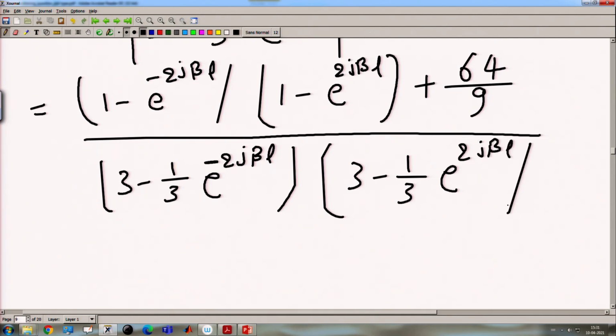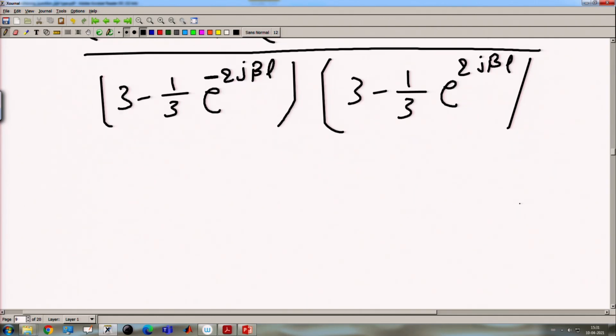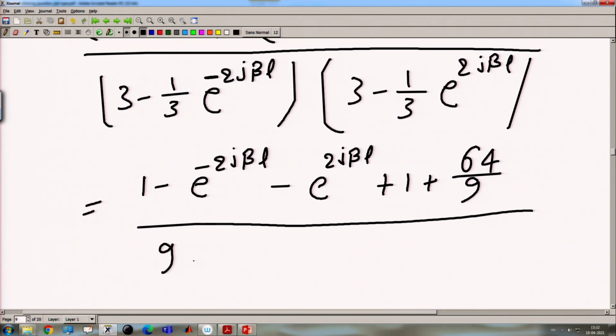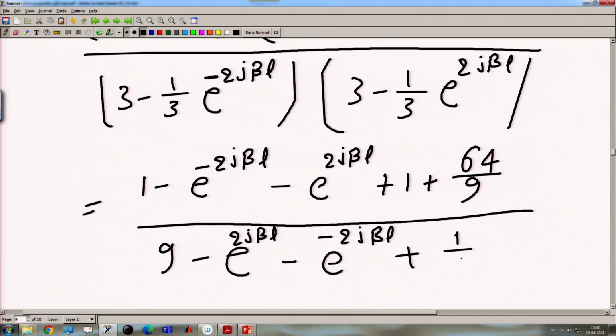After this we have to multiply this, and it will come 1 minus e to the power minus 2 j beta L minus e to the power plus 2 j beta L plus 1, plus 64 by 9, divided by 9 minus e to the power 2 j beta L minus e to the power minus 2 j beta L plus 1 by 9.